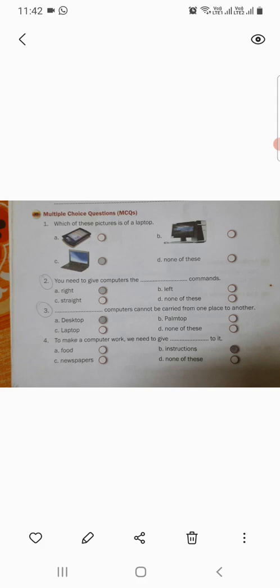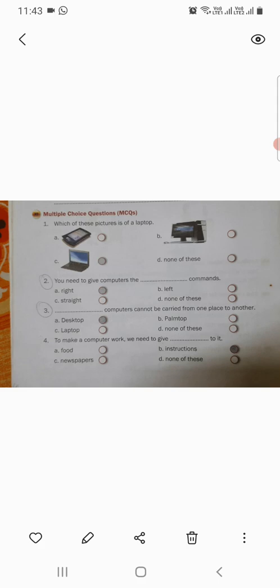Can you see? Yes, there are some images in our book. You have to choose the right image. Everyone say, what is the answer? That is the laptop. The third image, option number C, is the picture of a laptop.